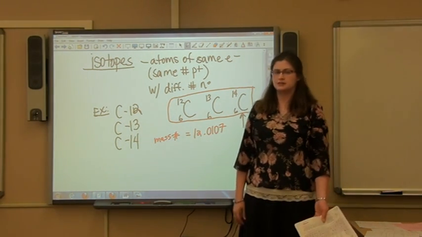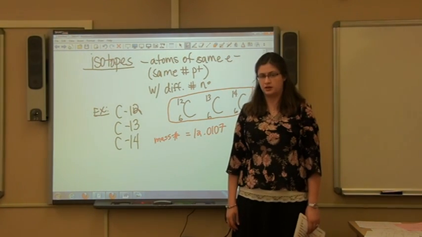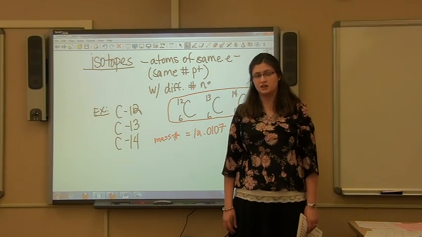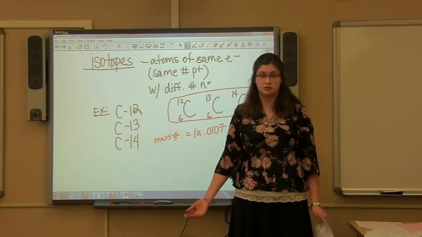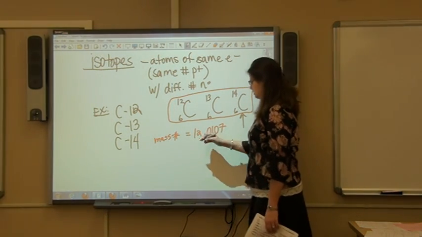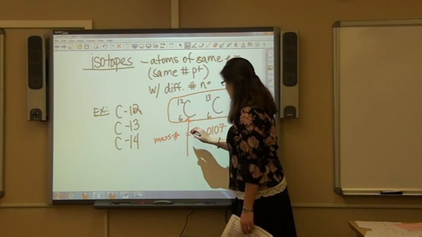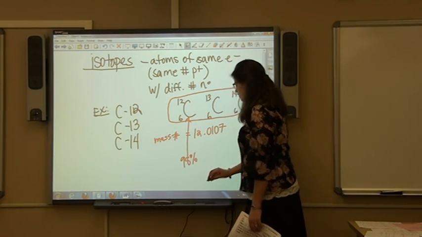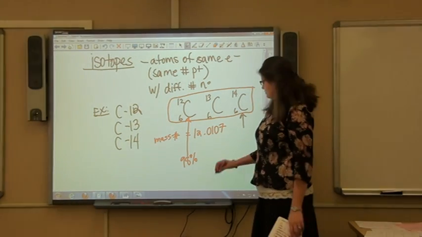It's calculated exactly the same way that you calculate grade point average. An A in a 5 credit course is going to weight more heavily than an A in a 1 credit course. And that's exactly the same way this is calculated. I don't know what these numbers are exactly off the top of my head, but I think that carbon-12 accounts for 98% of the carbon in the universe.